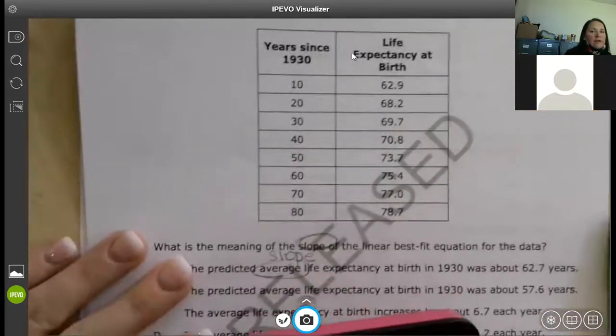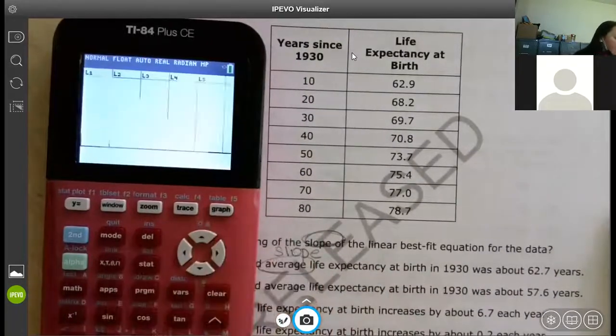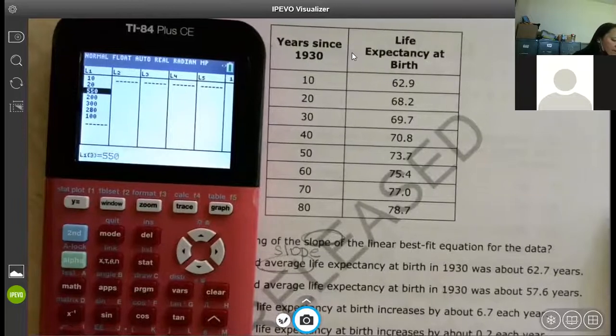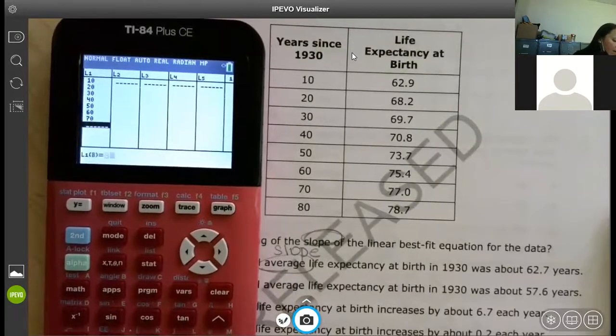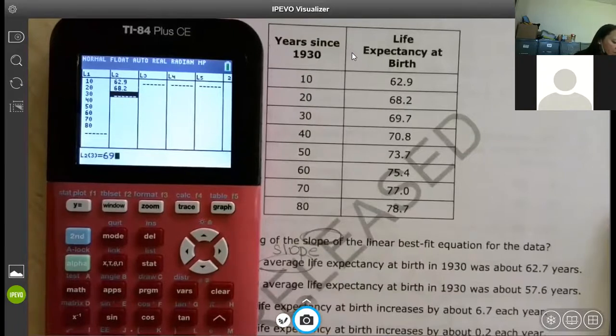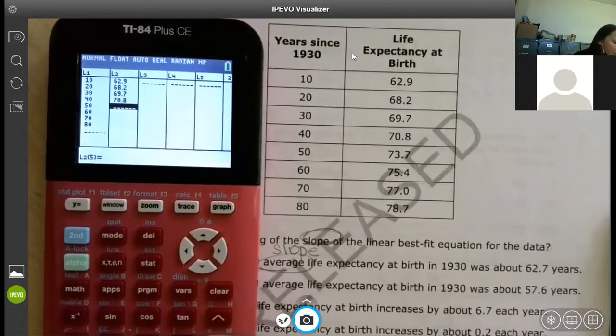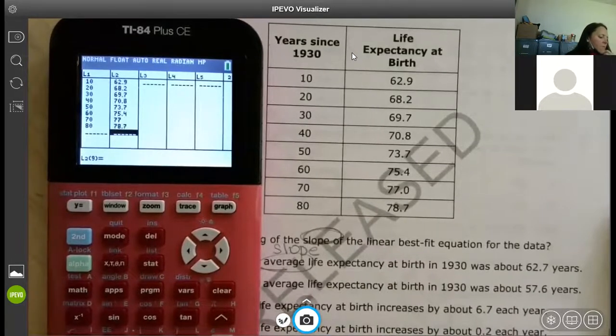So we're going to go into stat. I'm going to slide this a little bit so my calculator can come to the side. Stat, edit. 10, 20, 30, 40, 50, 60, 70, 80. L2: 62.9, 68.2, 69.7, 70.8, 73.7, 75.4, 77, and 78.7.